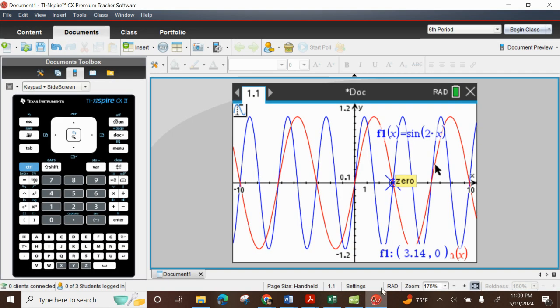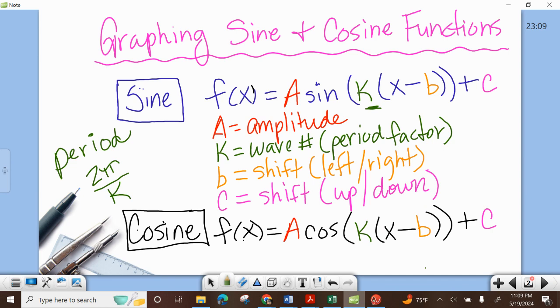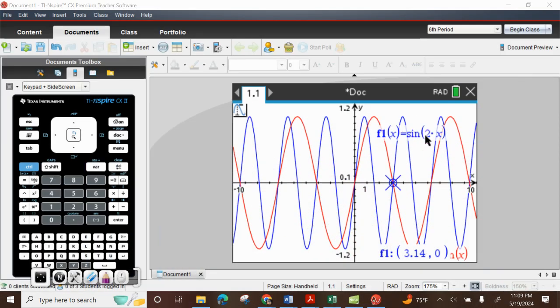In this last function, I had sine of 2x. If I have sine of 2x, that means my period is going to be 2 pi divided by that 2, which gives me a period of pi, which is why we have this number.